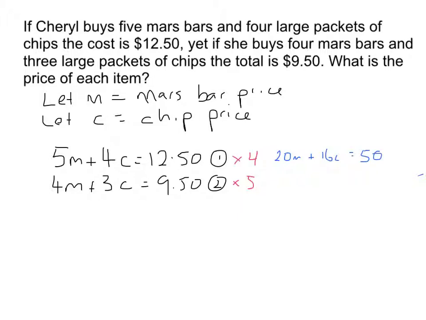And then for the next one, 4M times 5 is 20M plus 3C times 5 is 15C equals $9.50 times 5. Let me work this one out.